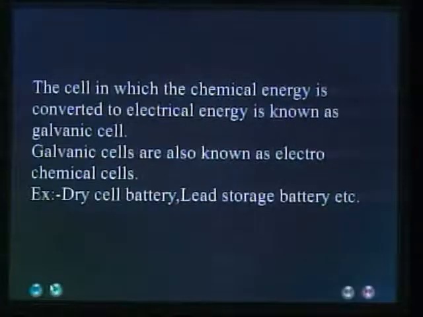In a galvanic cell also, the reaction taking place is a redox reaction or electron transfer reaction. Here also we see oxidation at the anode and reduction at the cathode. The EMF of the galvanic cell is always positive. Galvanic cells are also known as electrochemical cells. Dry cell batteries and lead storage batteries are examples of galvanic cells.